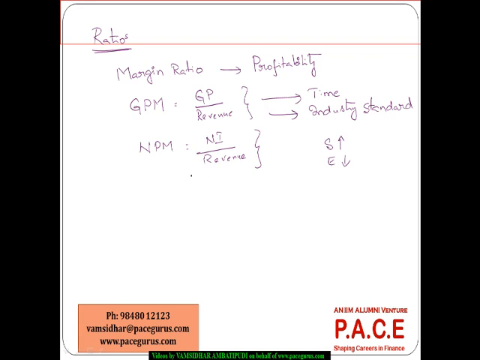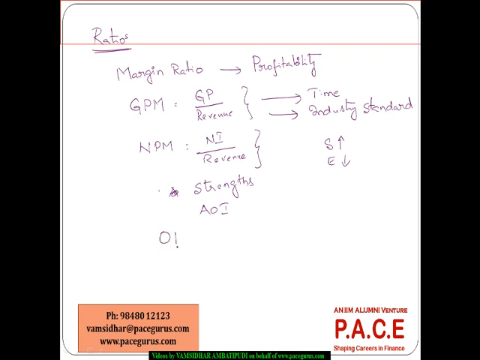Once I look at the ratios and do the comparisons, I could very well assess the strengths of the company from the performances, and I could also assess the areas of improvement. And probably a few more ratios on the same lines.